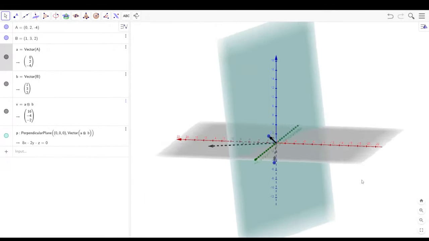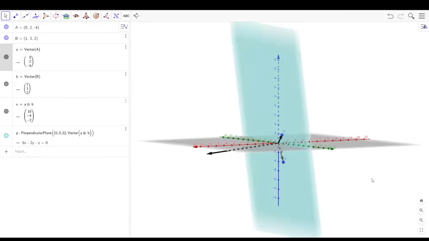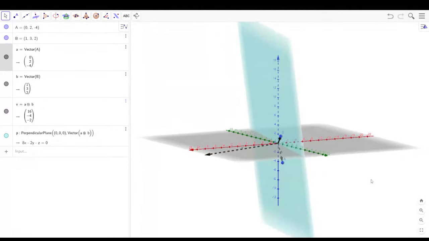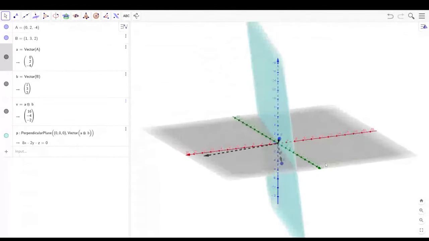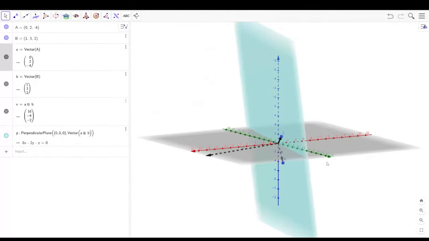So basically it contains the vectors A and B. And what you can see is the long vector is normal, perpendicular to the plane, okay? So that's the geometric explanation of what you get when you cross two vectors together.